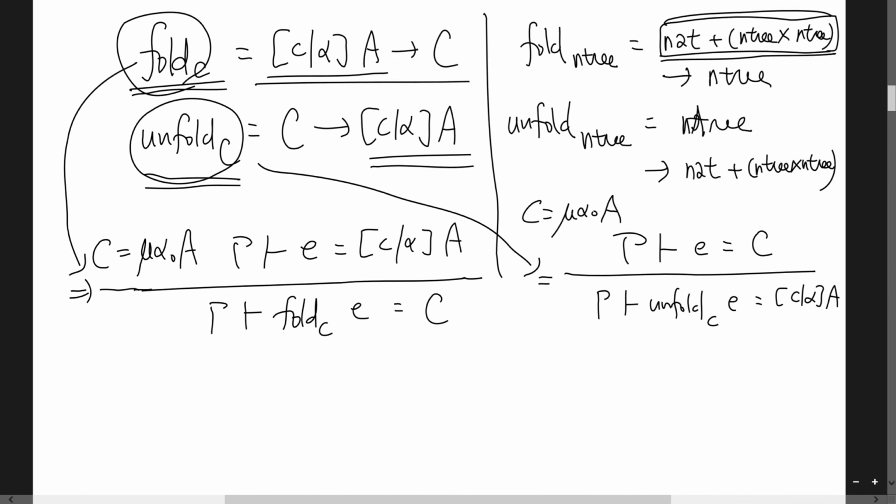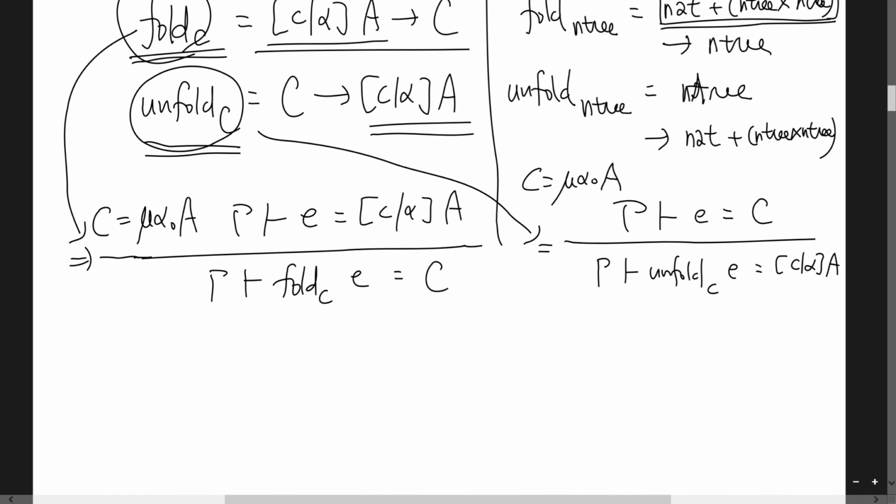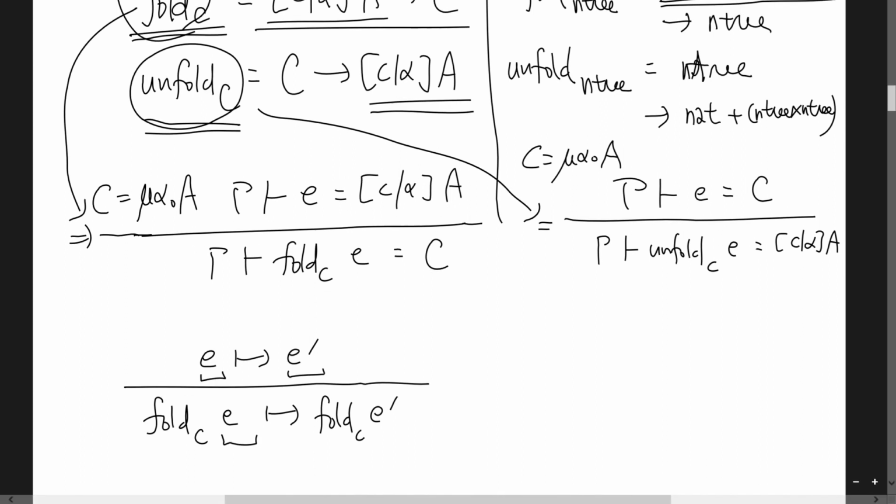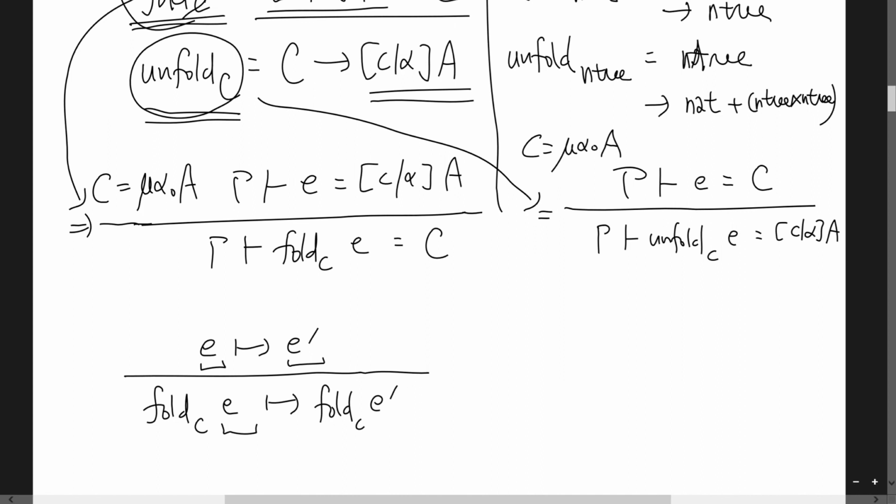And what are the reduction rules? Let's assume call by value. Suppose that you have a fold C expression E. In general, this expression E is not a value, so you keep reducing it. So if expression E reduces to expression E prime, then fold E reduces to fold E prime. Eventually this one will turn itself into a value.